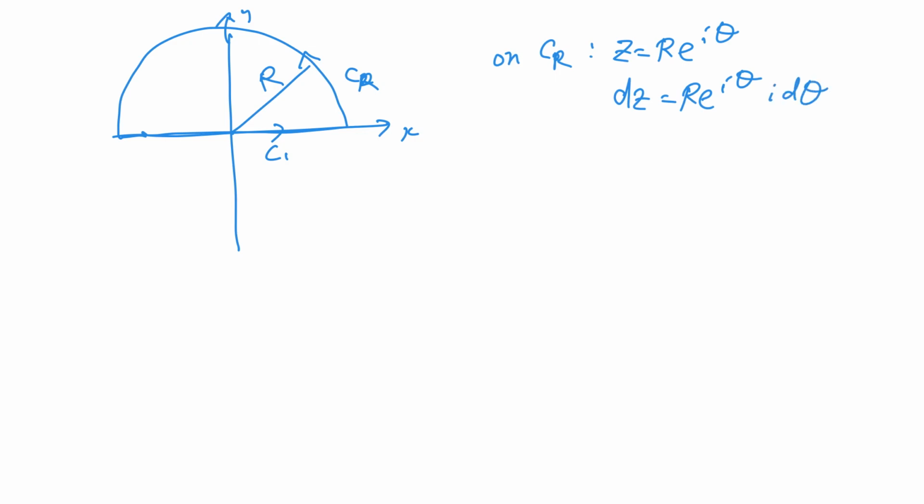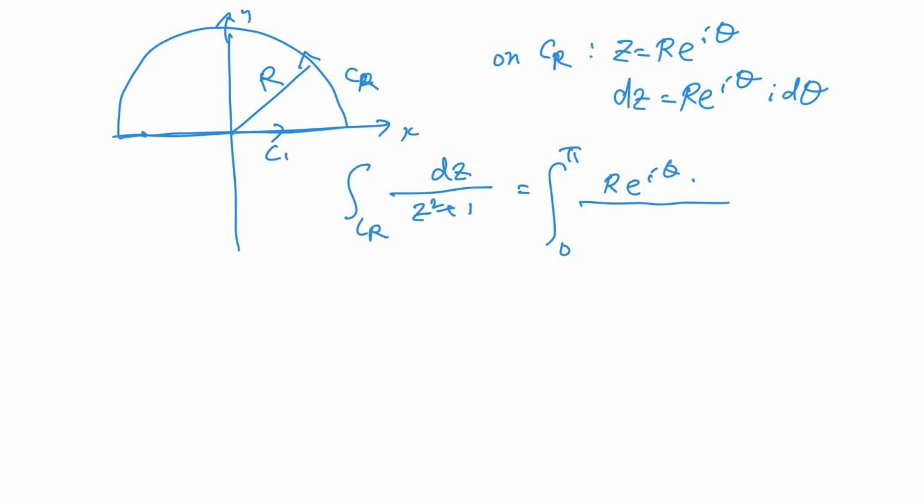So this CR integral is half of the circle, so theta from 0 to pi, R exponential i theta, i d theta, over R squared exponential i 2 theta plus 1.